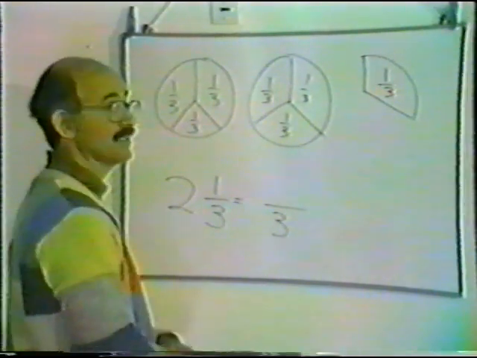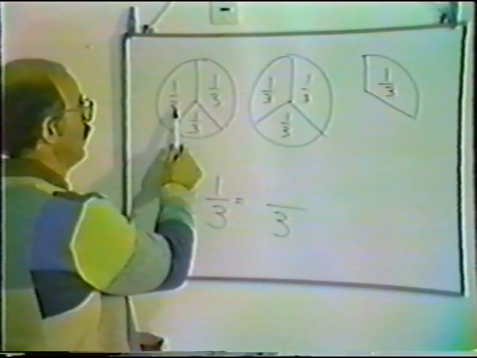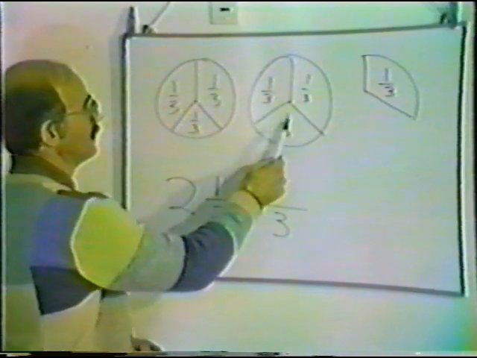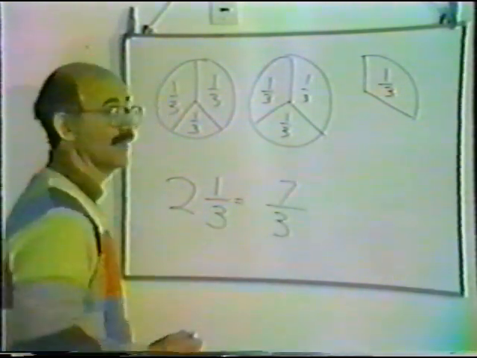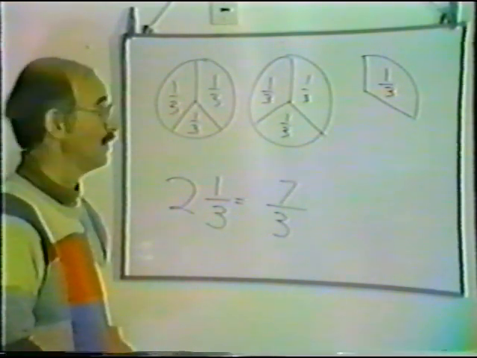How many pieces of 1/3 do we have? 1, 2, 3, 4, 5, 6, 7. 7/3. But we don't have to count them up one by one.